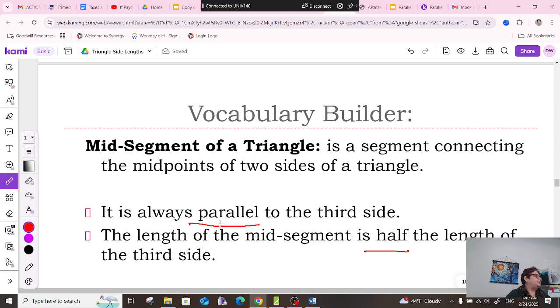Parallel lines have the same slope. Everybody say that. Parallel lines have the same slope. The length of the midsegment is half of the length of the third side.